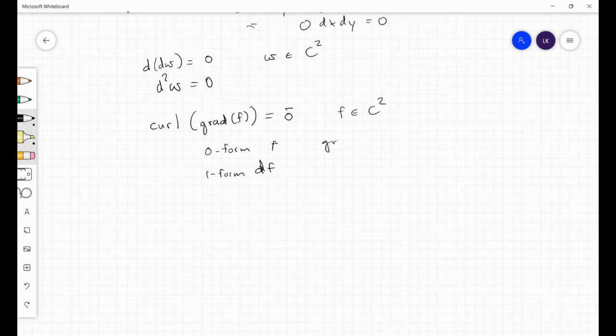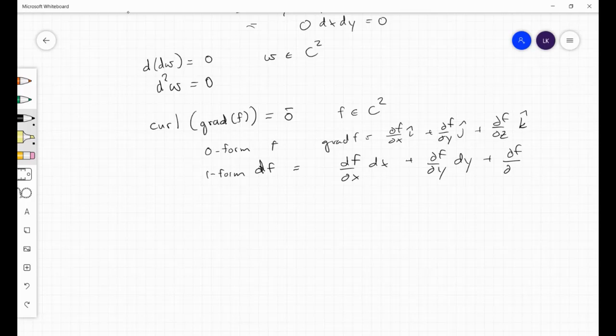Yeah, so the gradient would be a vector. I'm going to write it lengthwise. And the differential, the 1 form that we get, would be this. Okay.